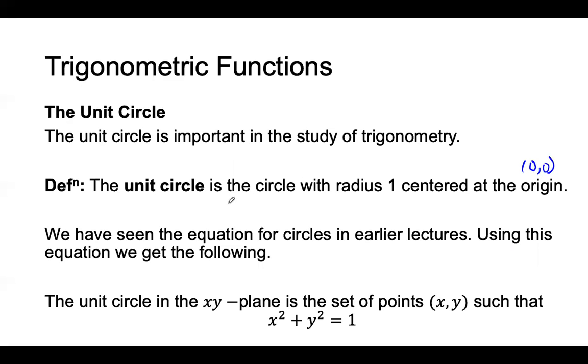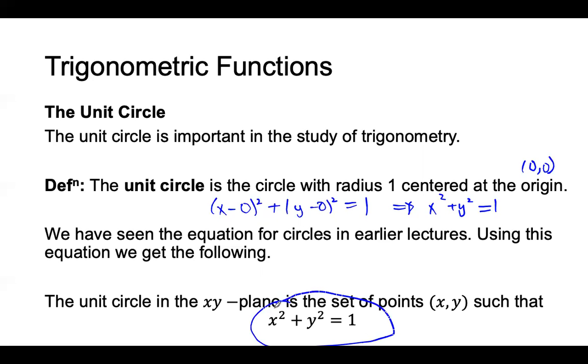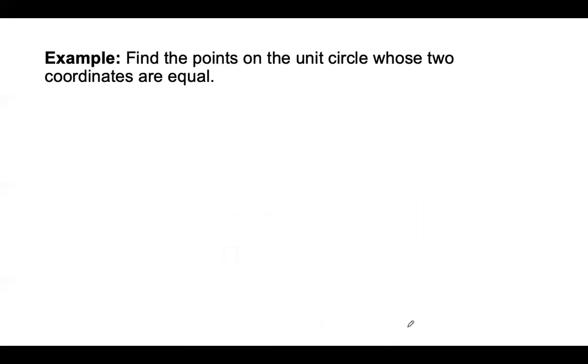And so the unit circle with a radius of 1 at the origin is just going to be x minus 0 squared plus y minus 0 squared equals 1. So this implies x squared plus y squared is equal to 1. And we get this formula, x squared plus y squared equals 1. Nothing new.